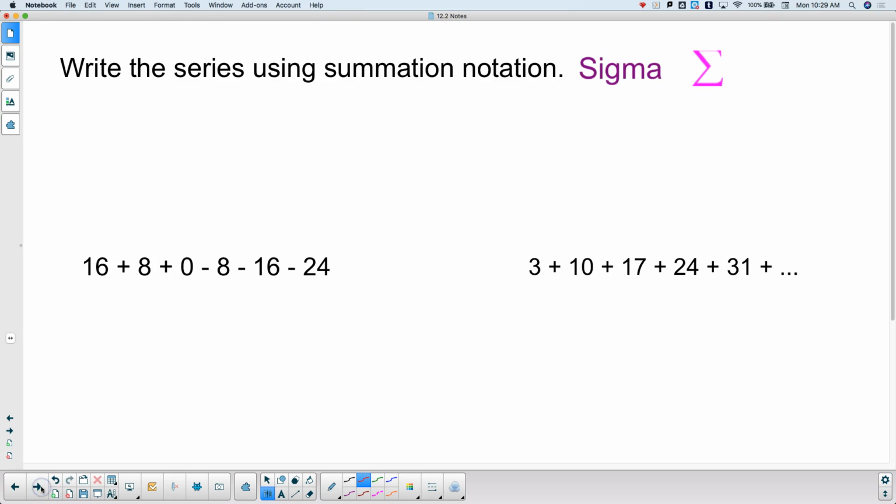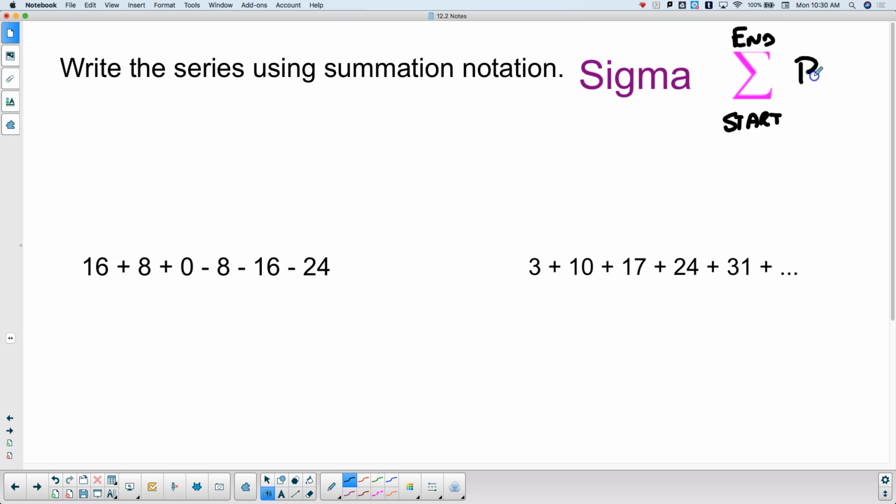Okay. All right, sigma notation. We had some sigma notation from before. Sigma has a starting value with a variable below it. It has an ending value above it, and it's got a rule after it.